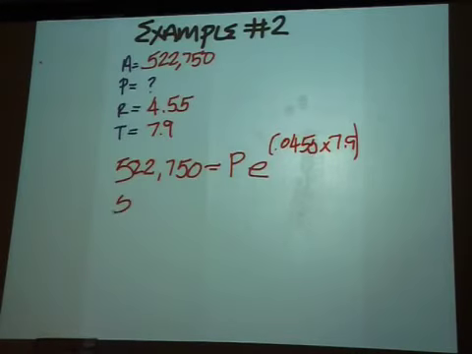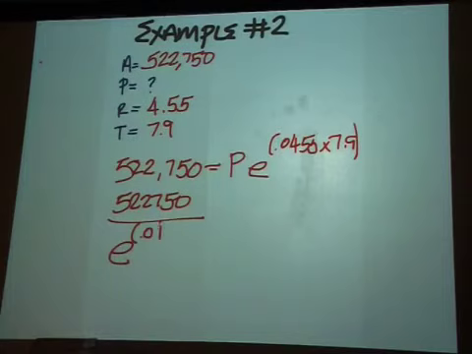Now to solve it, we need 522,750 divided by e to the power of 0.0455 times 7.9.